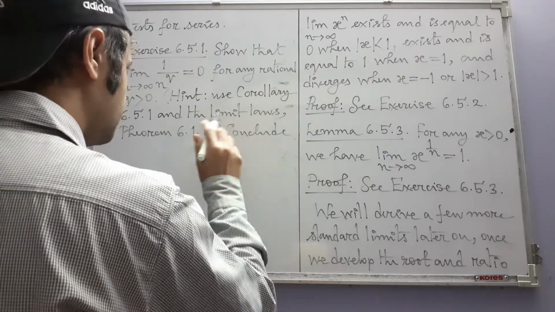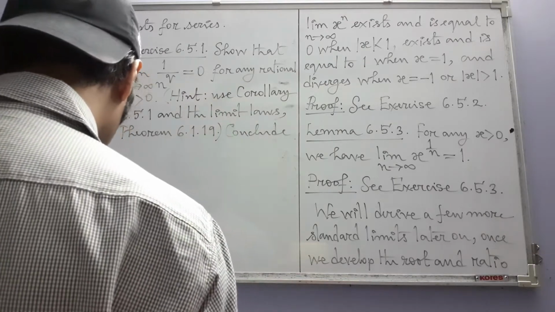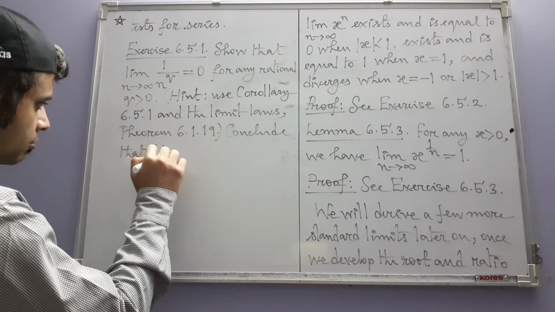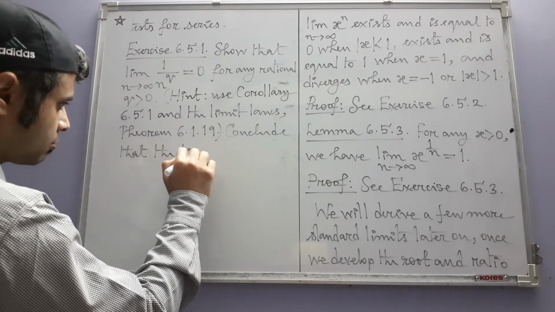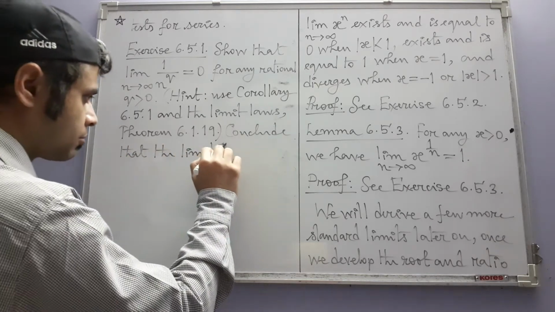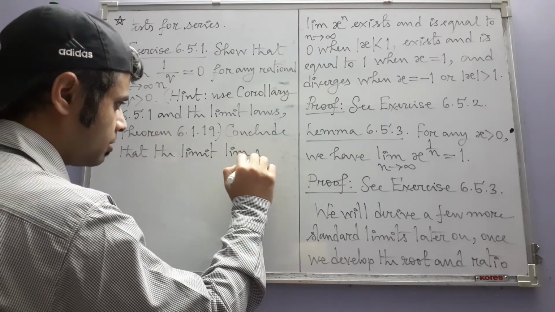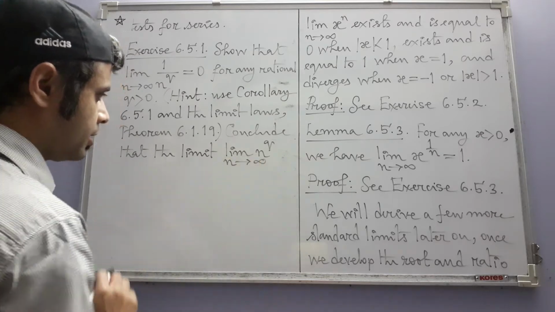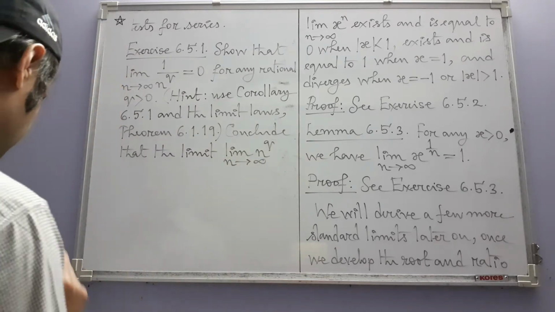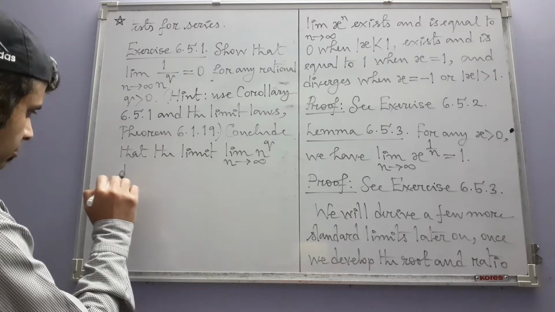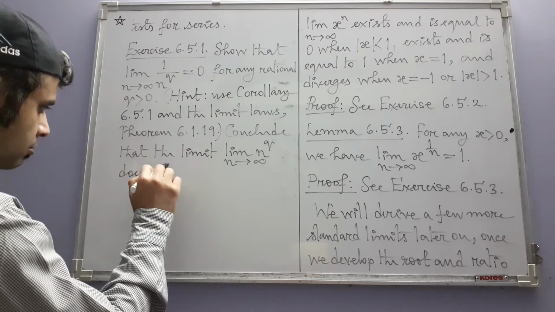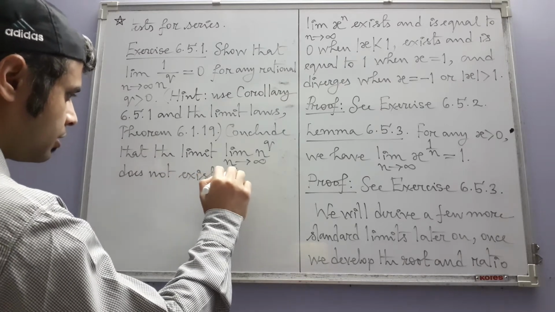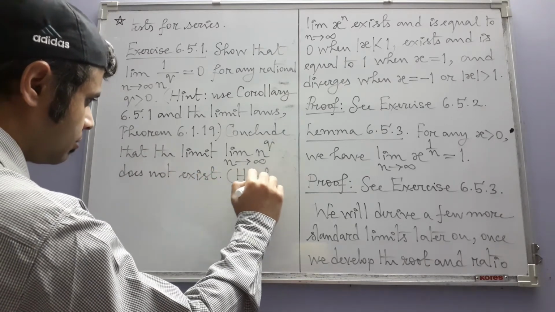Conclude from this limit itself that the limit of n to the power q as n approaches infinity does not exist. Here also a hint is given.